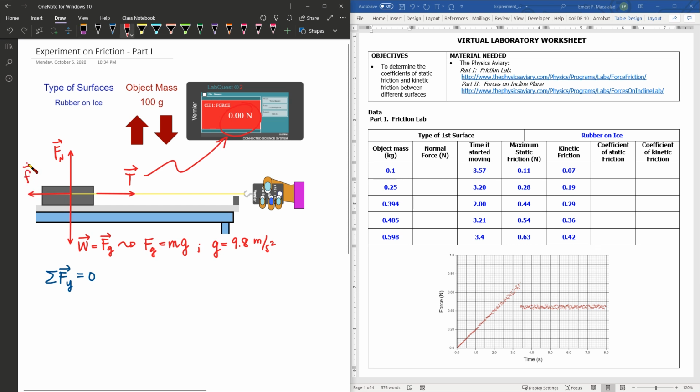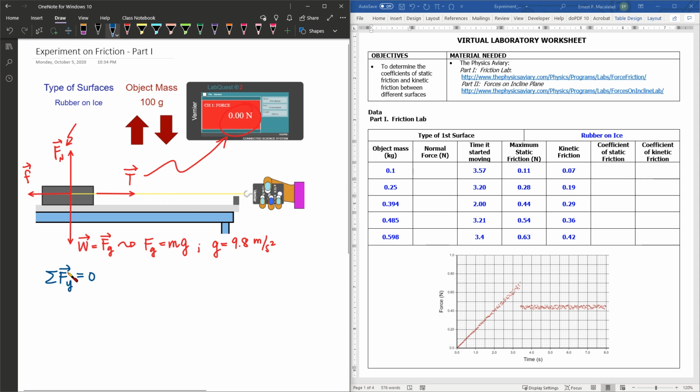This frictional force can be static friction as long as this object is not yet moving, and this becomes kinetic friction once the object starts to move. Okay, but what we're more concerned about is the computation of your normal force.